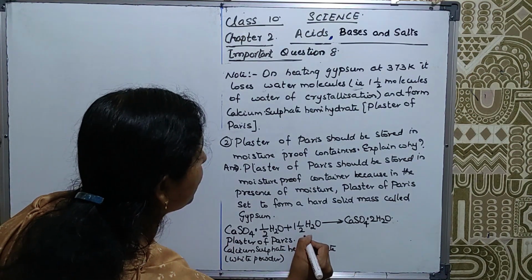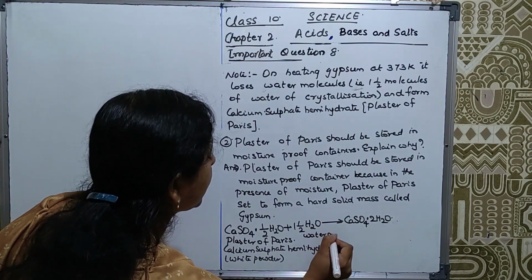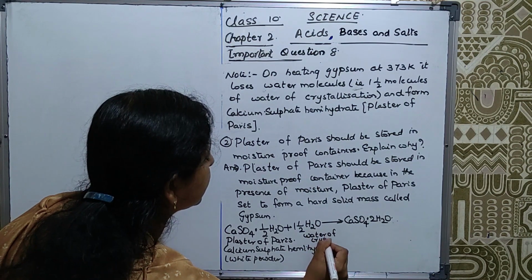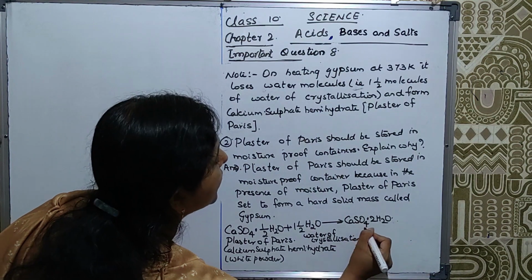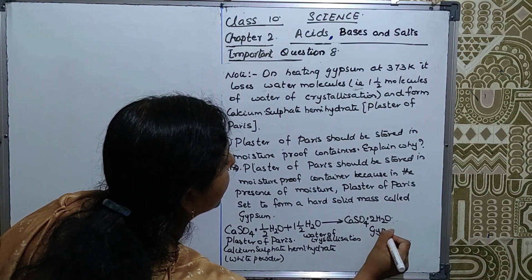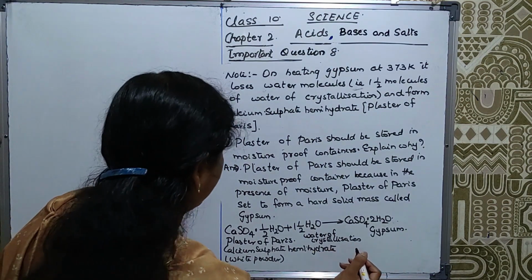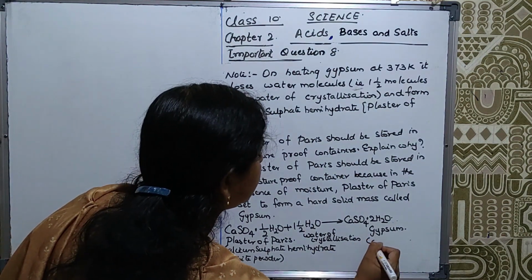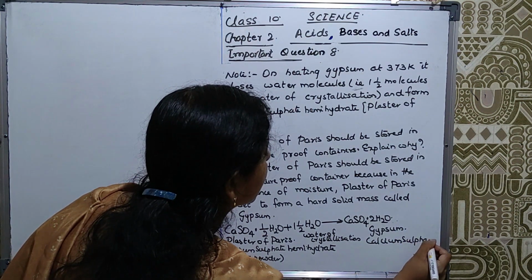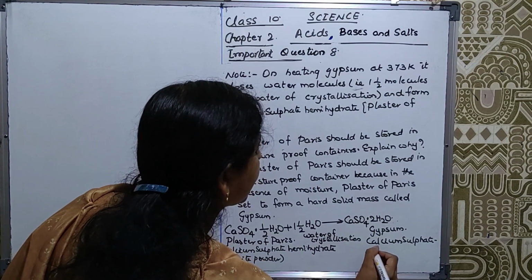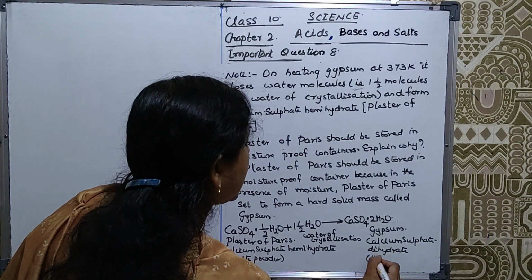So here 1.5 molecules of water of crystallization are added, and you will get gypsum, which is calcium sulfate dihydrate, which is a hard solid mass.